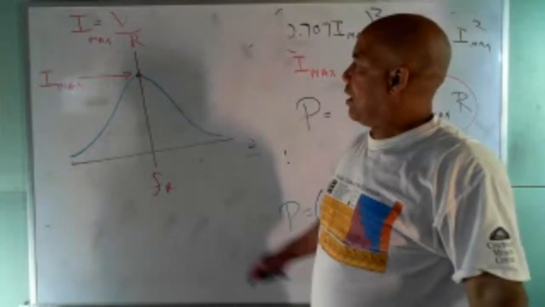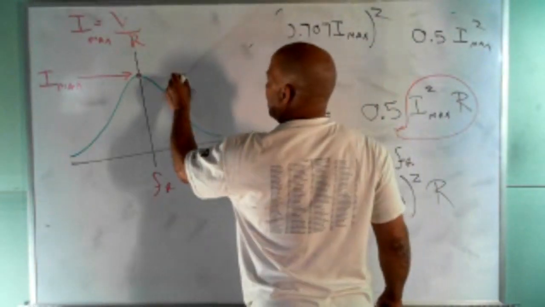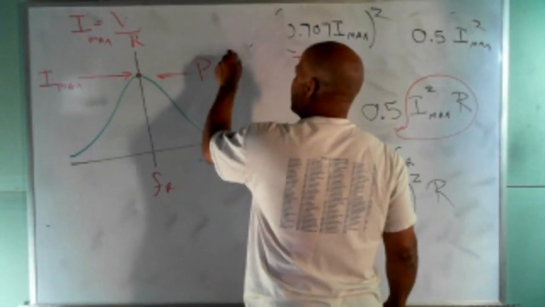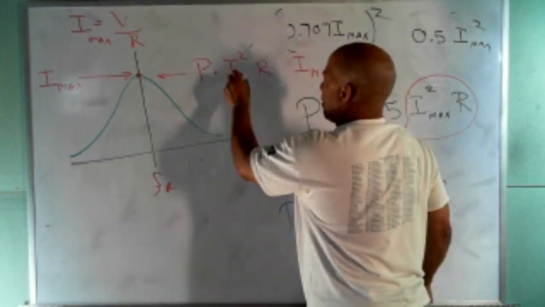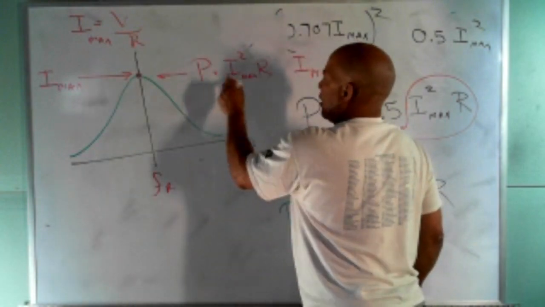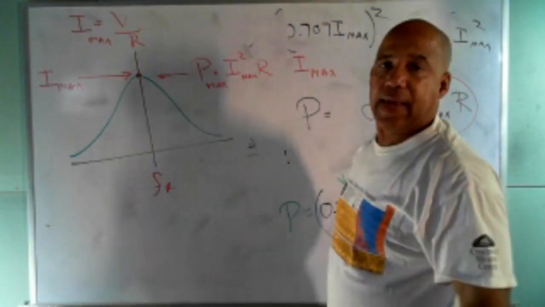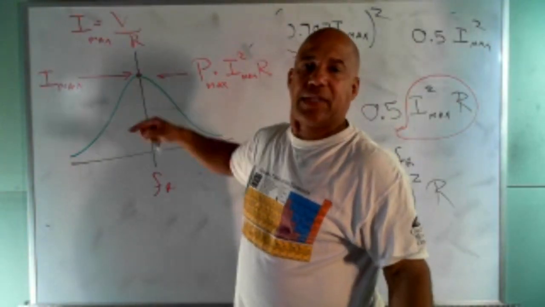And then I said, okay, if you know that's I max, how would you get the power there? Well, that's easy. You just take P is I squared times R. But since I'm using the maximum current to get that power, that's going to be the maximum power in the circuit, P max.